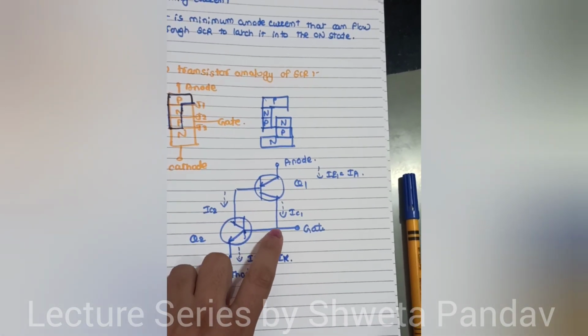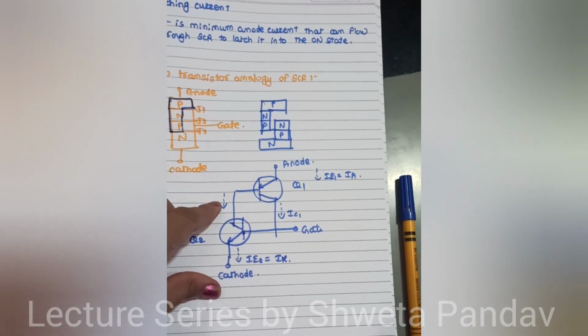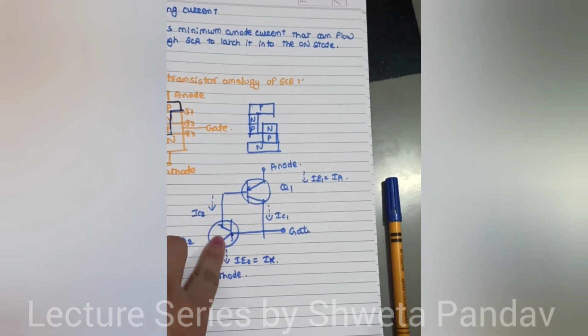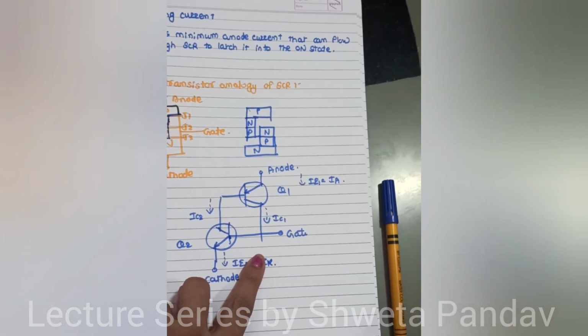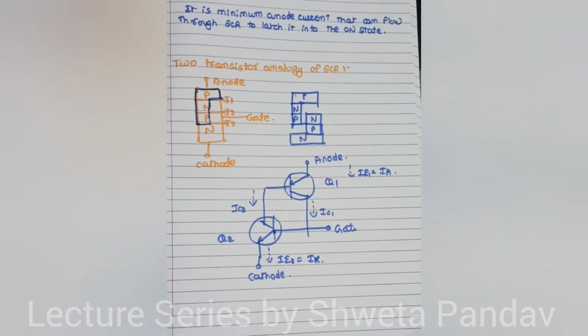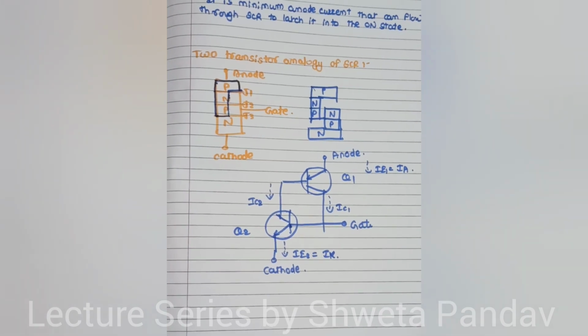So the collector current of one transistor will be the base current for the other, and the collector current of the second transistor will be the base current for the first. So current multiplication will take place and it will cause the two transistors to operate in saturation mode, and the same two transistors will act as a closed switch.